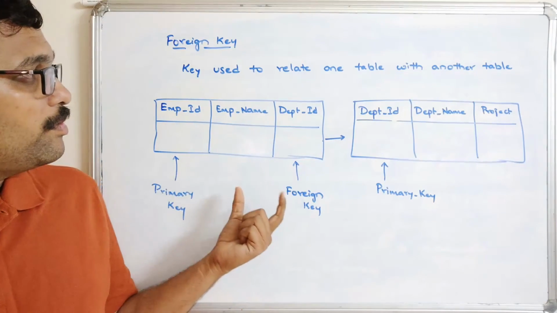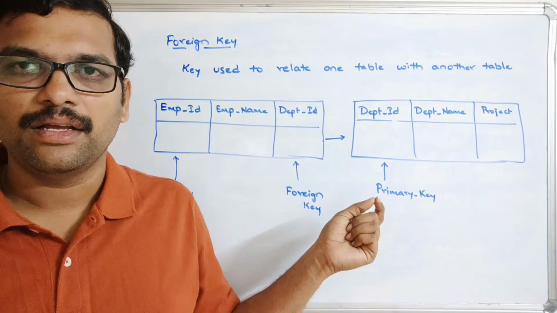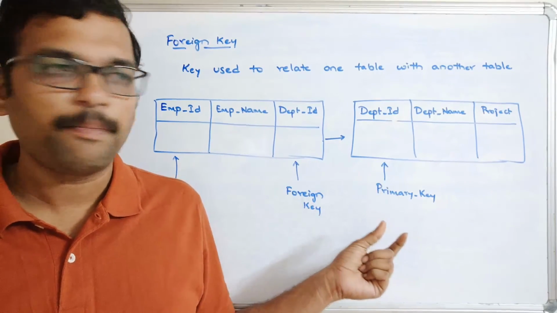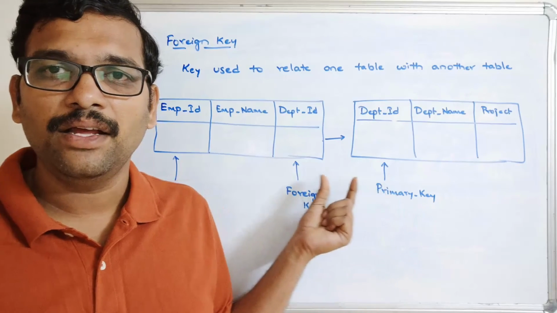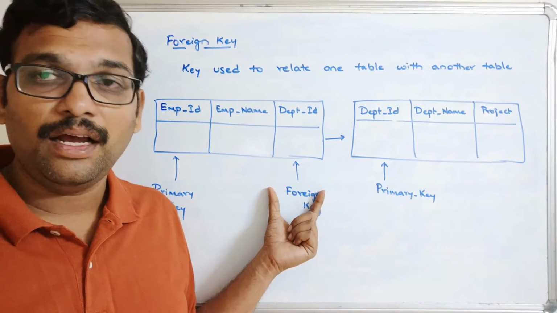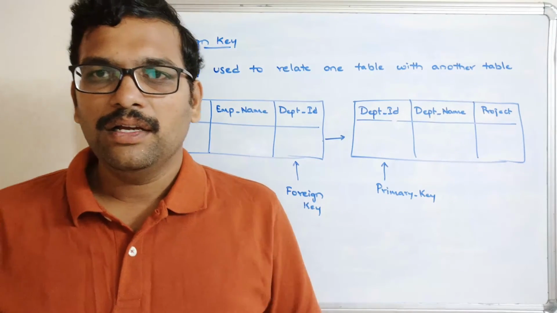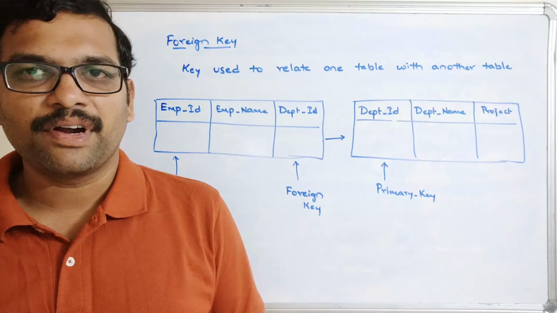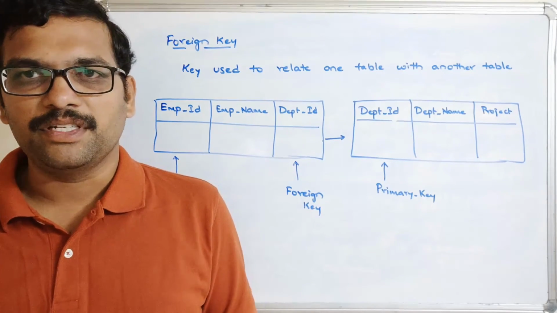And to relate one table with another, we use a foreign key, so the primary key of one table acts as a normal attribute, that is, a foreign key, in another table. These are the introduction to the different types of keys available in DBMS.